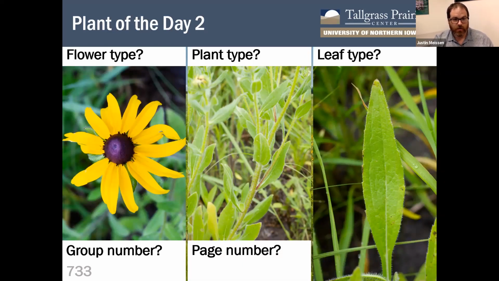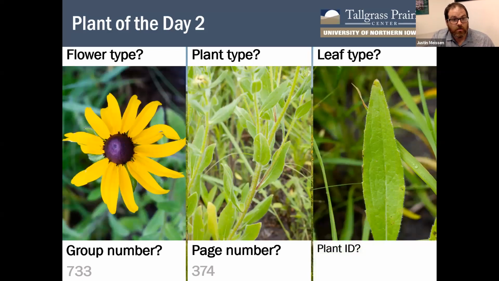We've got yellow flowers that are daisy-like and have a dark center. So that would suggest we want to look on page 374. All right, then what's our plant? We've got flowers that are 2 to 4 inches wide, and the leaves are just barely toothed versus coarsely toothed.